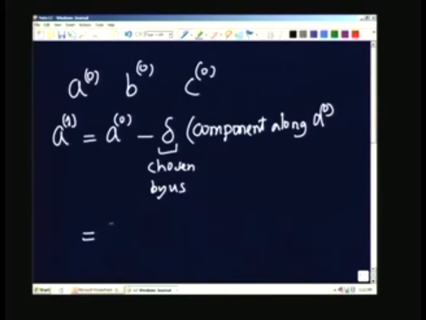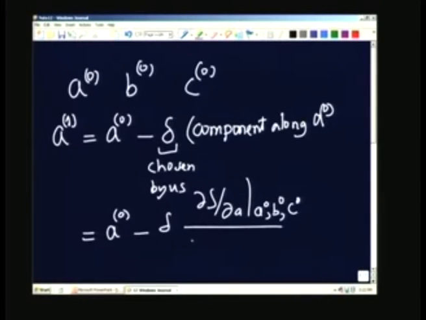This will be given by a naught minus delta times dou s by dou a evaluated at a naught, b naught, c naught divided by magnitude of the gradient, of course, this is also evaluated at the same point.